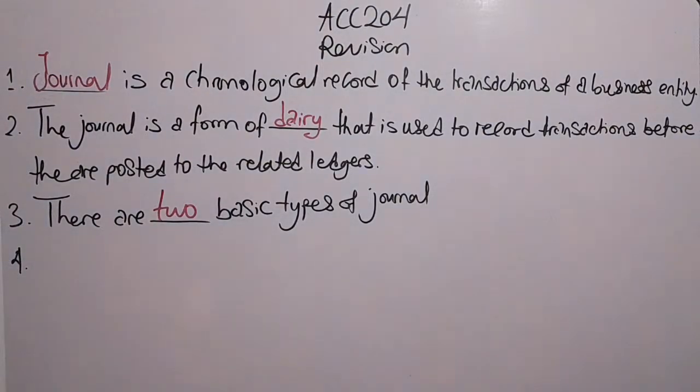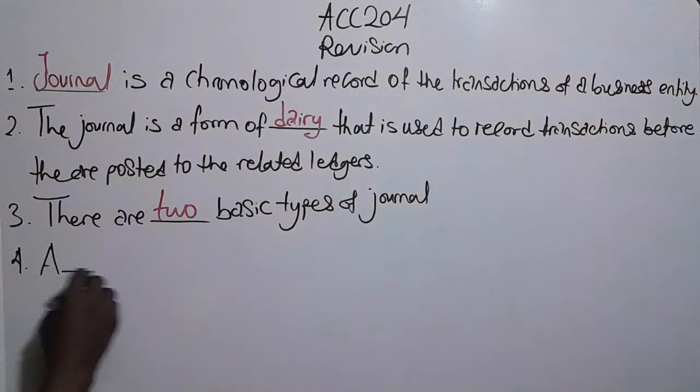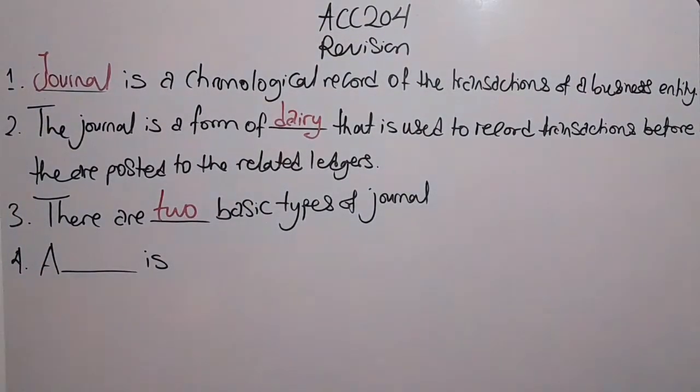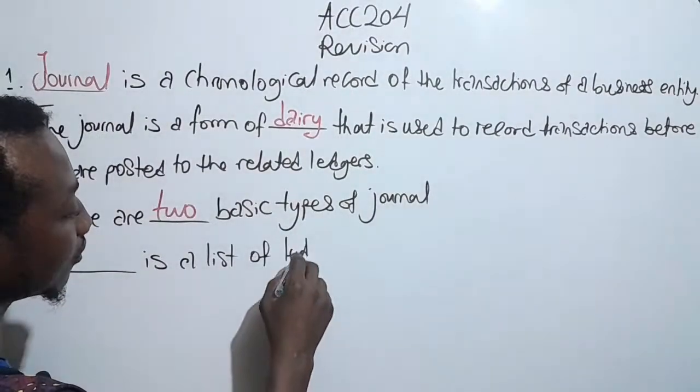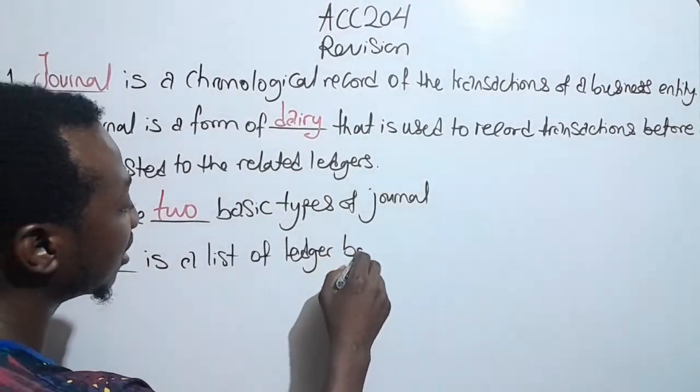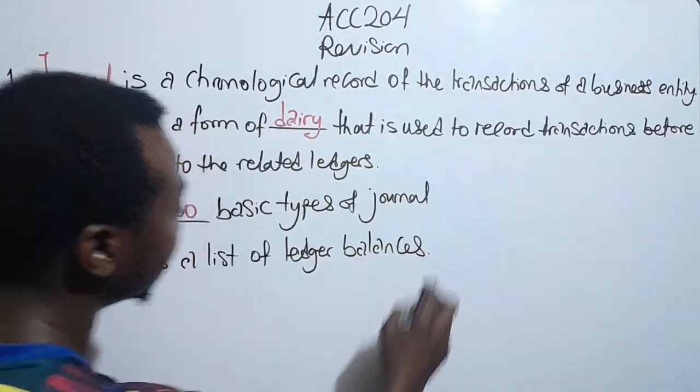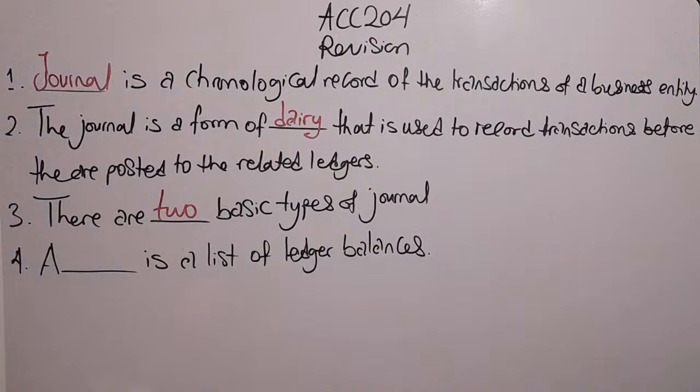It says, a dash is a list of ledger balances.